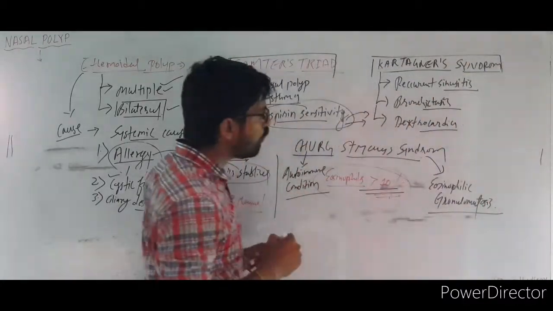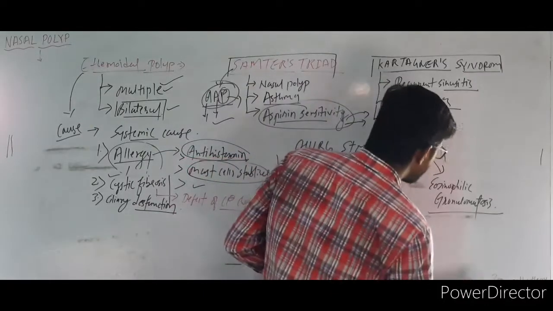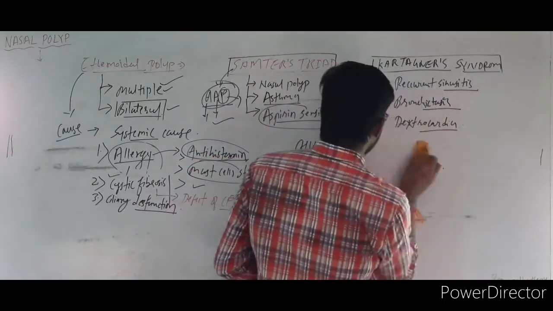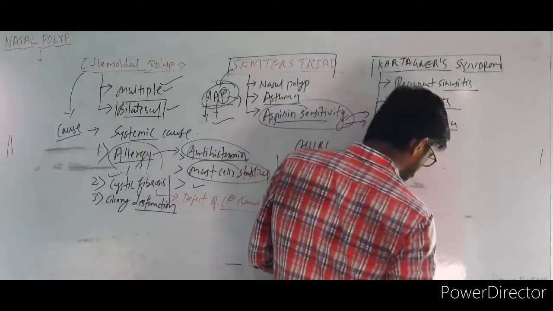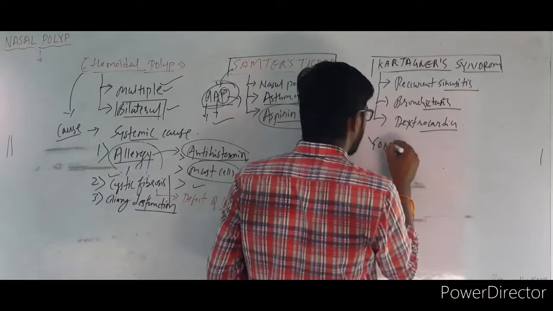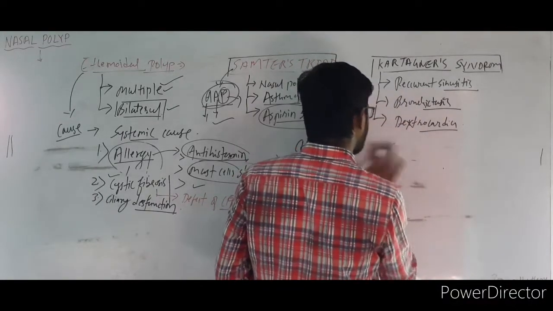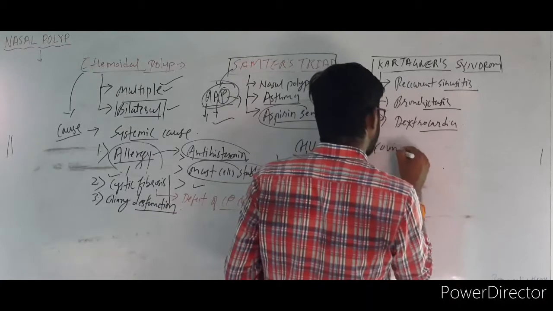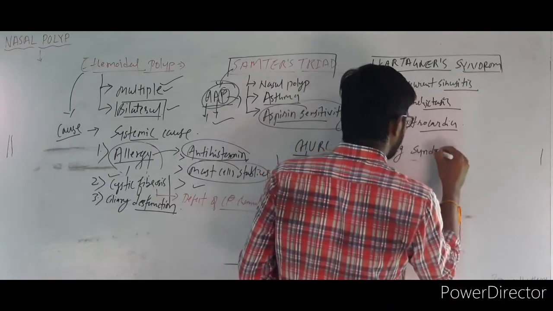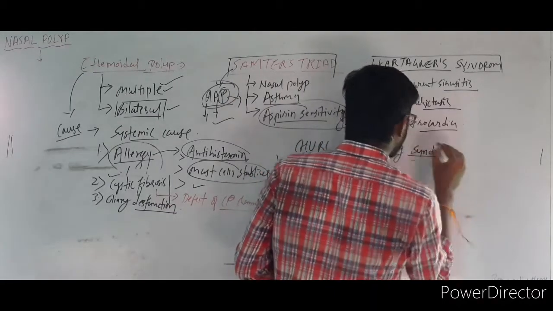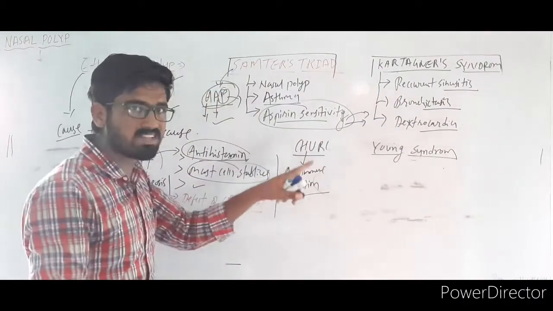One more syndrome is there, and that is called Young's syndrome. In Young's syndrome, what is happening? This is also a syndrome of ciliary dysfunction.